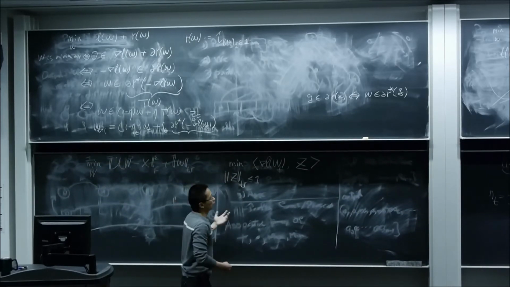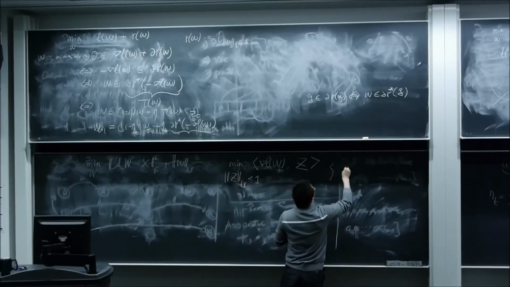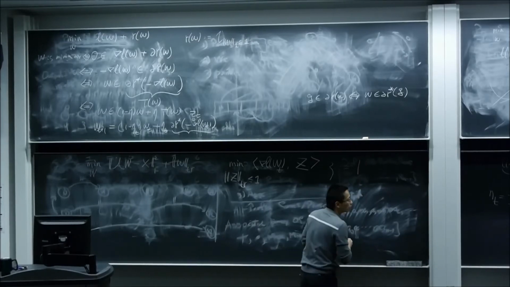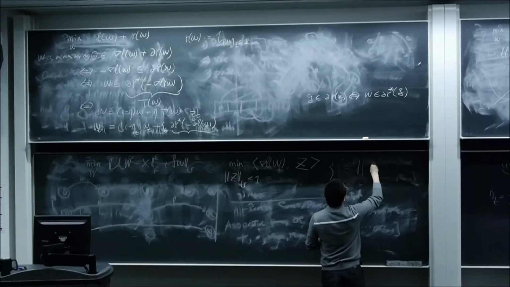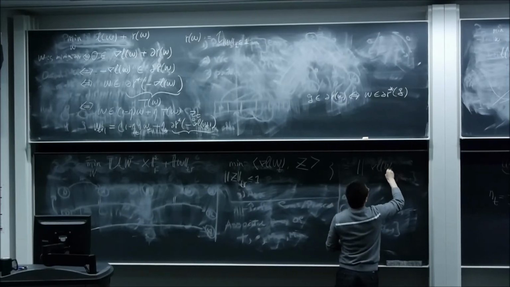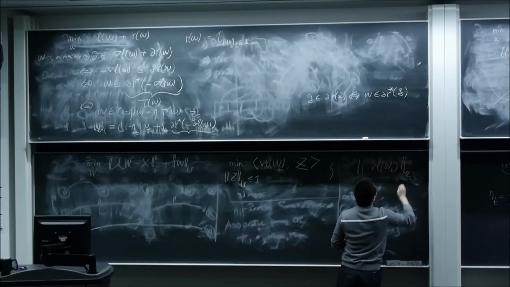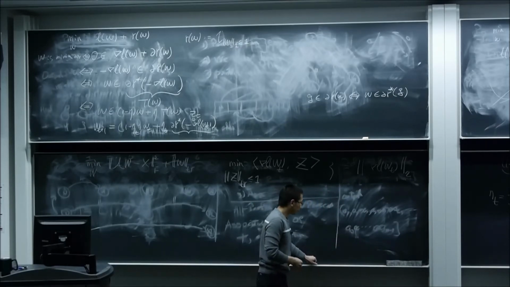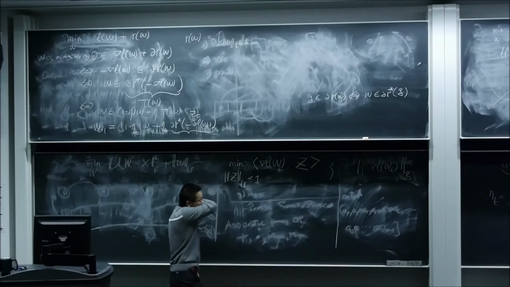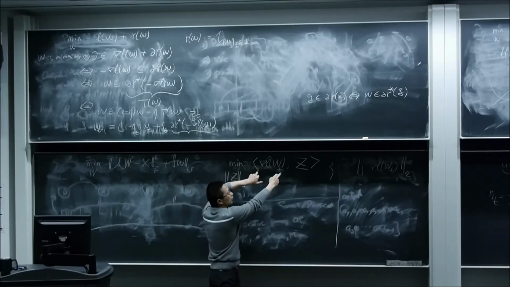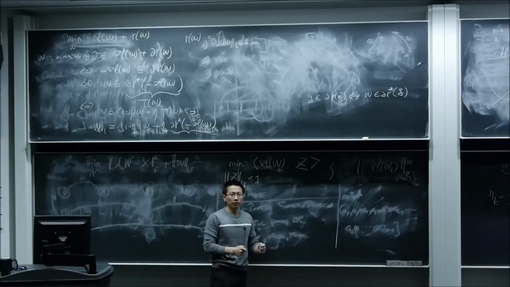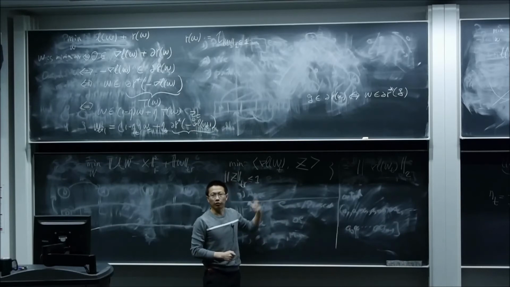What is this? Well, this is nothing but the spectral norm of the matrix. In other words, instead of computing the full SVD of this gradient matrix, all you need to do is to compute the maximum singular vector or maximum singular value of your gradient matrix.